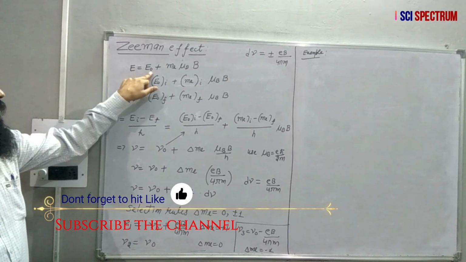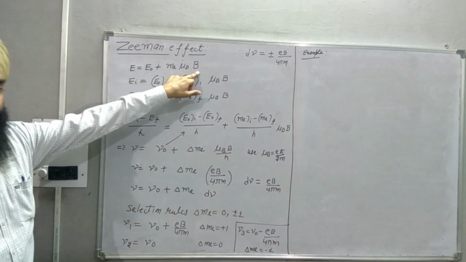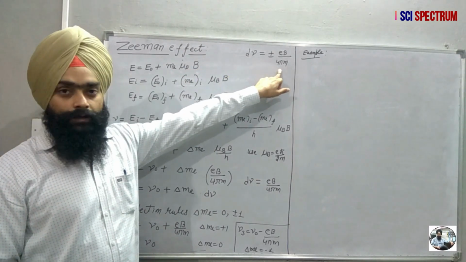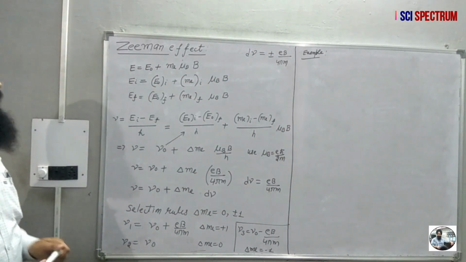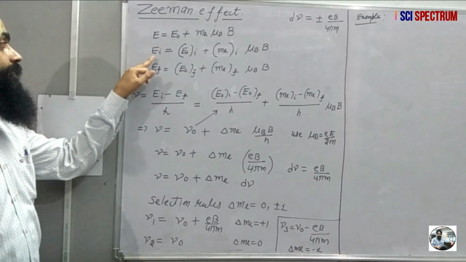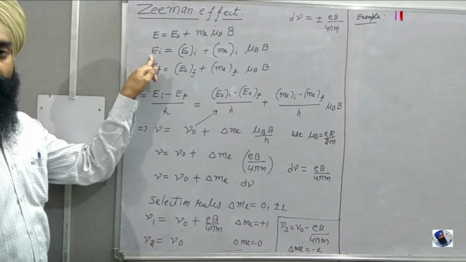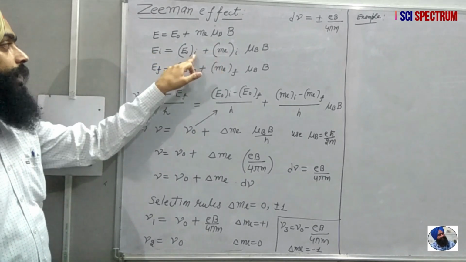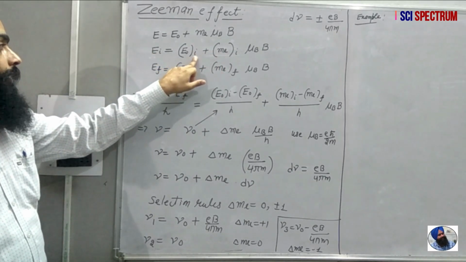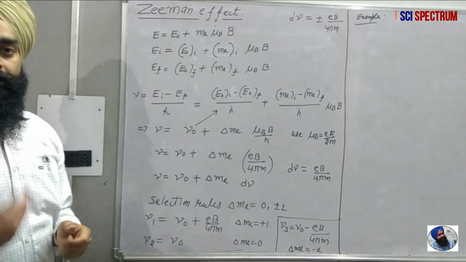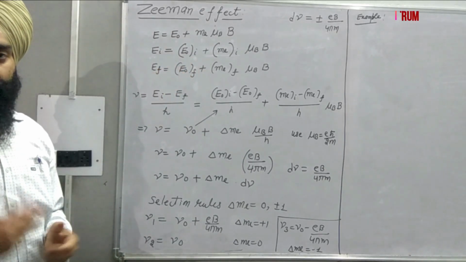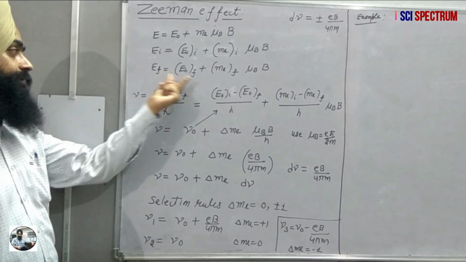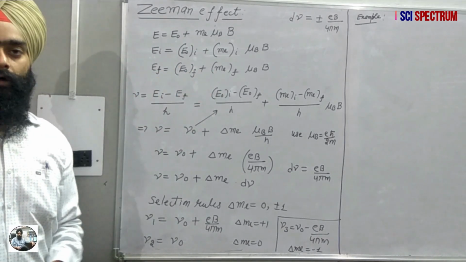E is equal to E naught plus m_l mu_B B is the change in energy, and the change in frequency is written here. Now, let us suppose that the initial energy of the atom when it is in the excited state is given by this. I means initial, and when it gets de-excited to give the spectral line, the final energy becomes E_F, which is given by this formula.